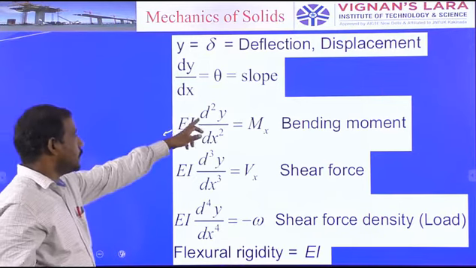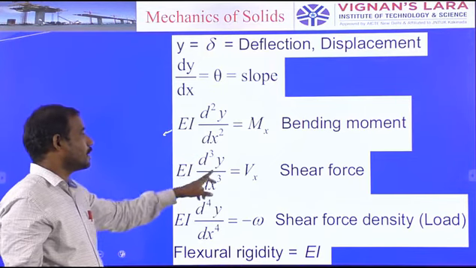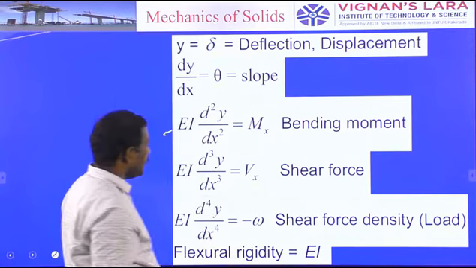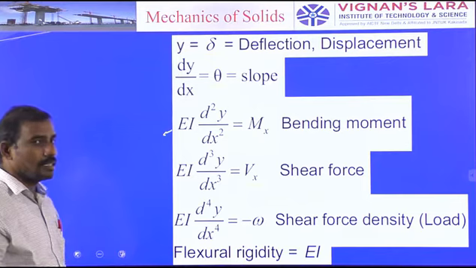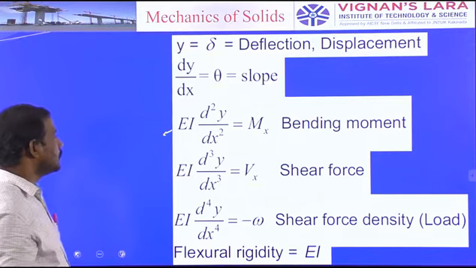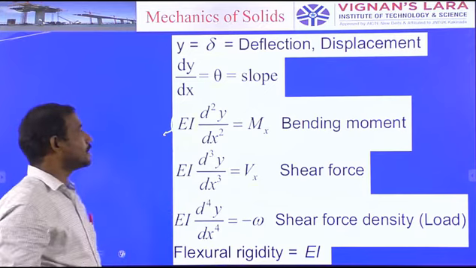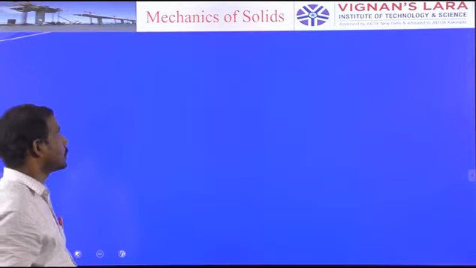If it is differentiated once again with respect to x, it gives the shear force. If it is differentiated again, it gives the rate of loading. EI is the flexural rigidity, as discussed in the earlier class also.